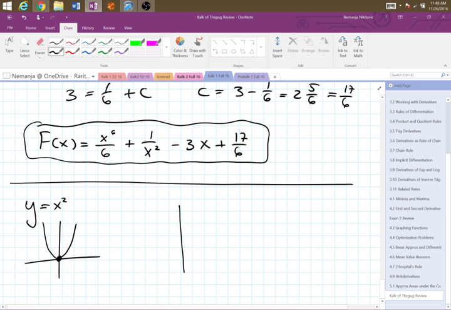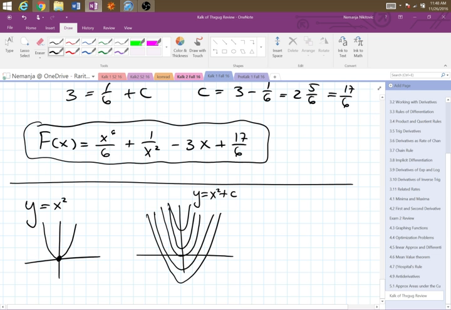And then I have y equals x squared plus c, which is actually infinitely many parabolas. This plus c is actually a shift up and down of the same x squared function.